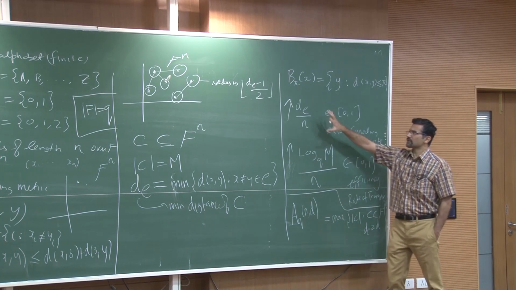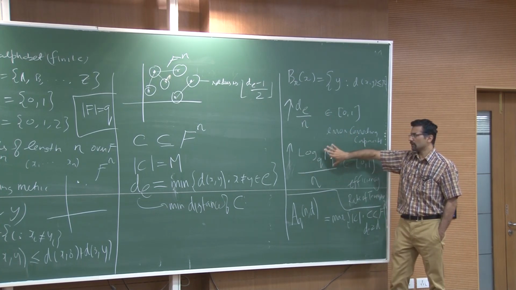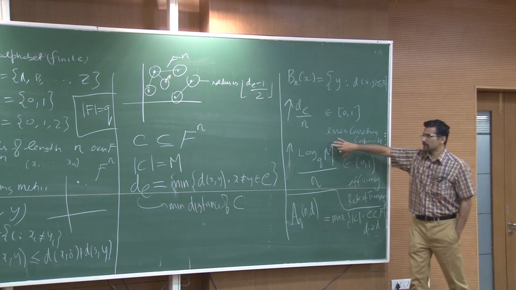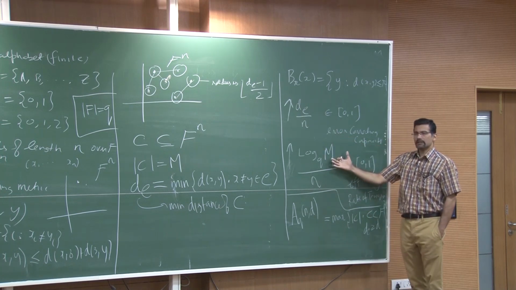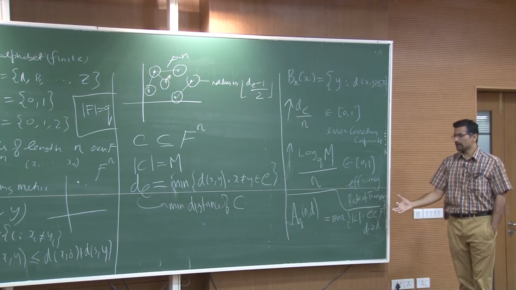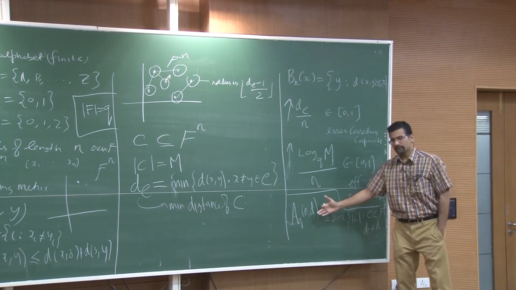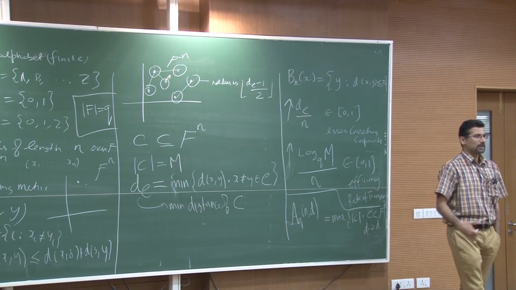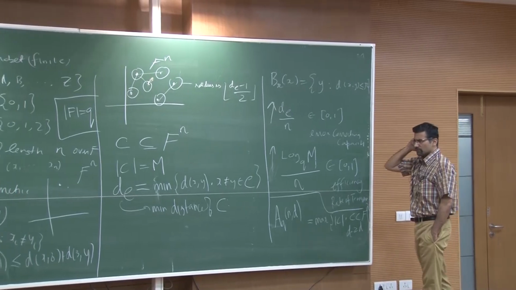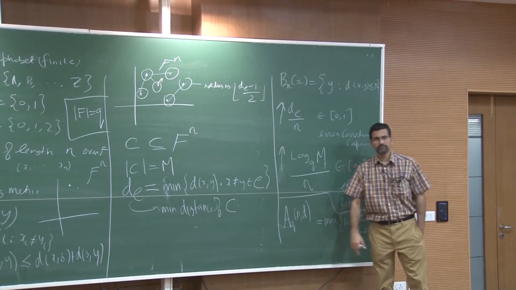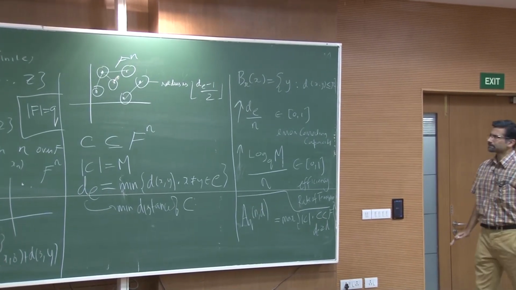I fixed some ratio here, so give me the maximum value here. Without the log, it is just this M. You want to maximize this. So you want this much error correcting capacity. Tell me what is the largest efficiency that you can give me. Roughly speaking, that is what this is capturing. Finding the values of this is a hard problem because there is combinatorial explosion going on. If n is large, you simply can't get your hands on this. So we will come back to this.